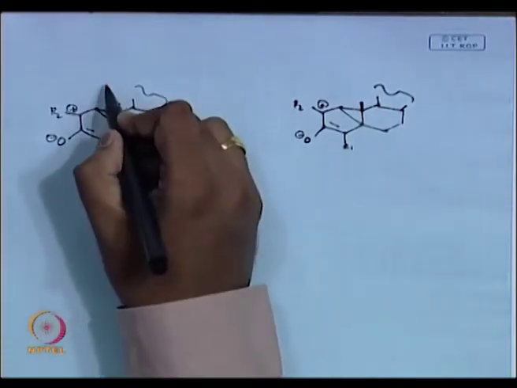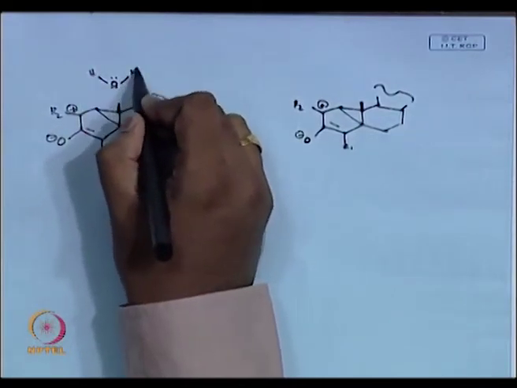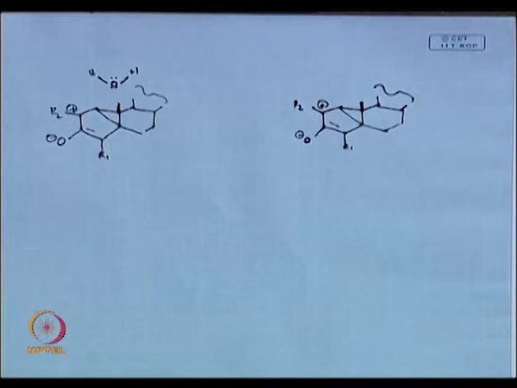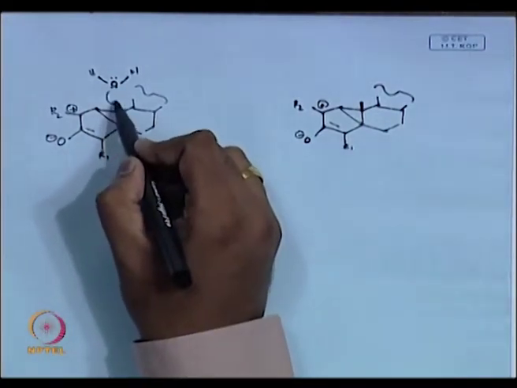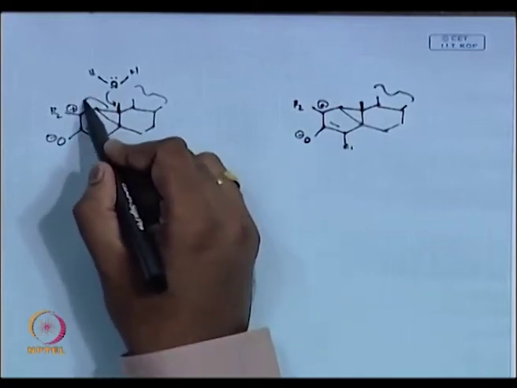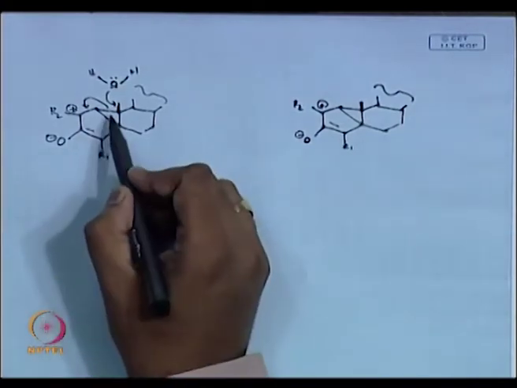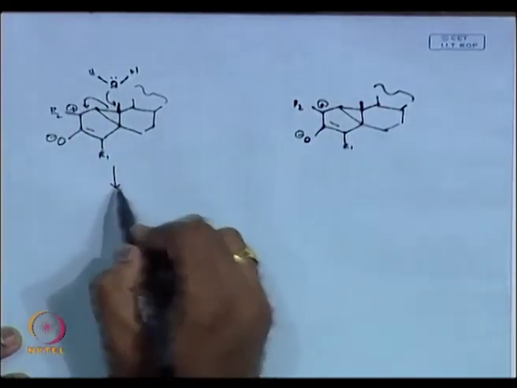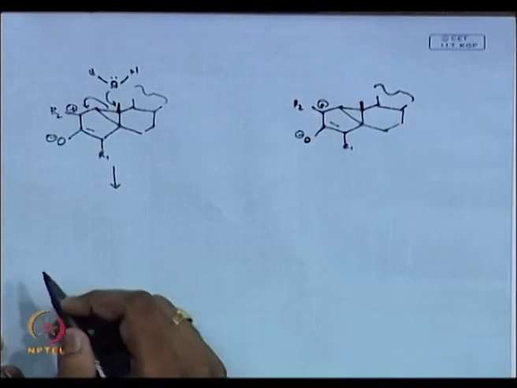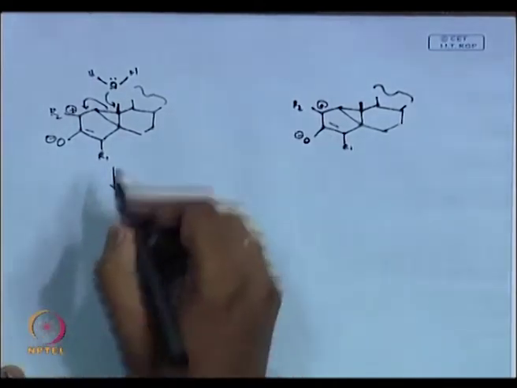Okay, so this you have. I can attack here, pushing my system like this. Possible, right? I can cleave this bond. That will be the driving force. If I do that, what happens? Just write the product. What you can think of? Let's attack.